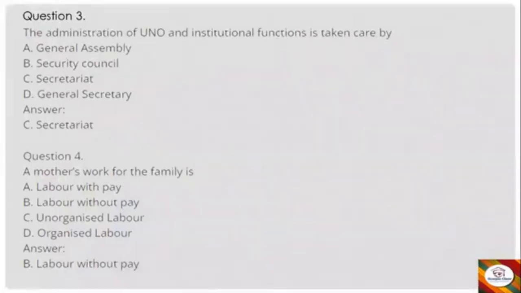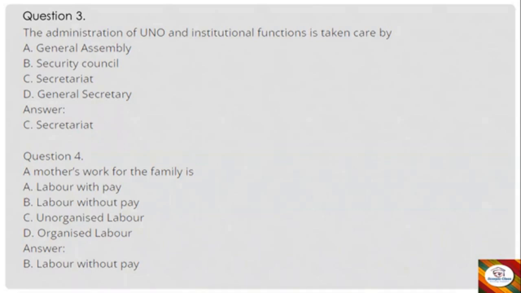Question 3. The administration of UNO and institutional functions is taken care of by: A. General Assembly, B. Security Council, C. Secretariat, D. General Secretary. Answer is C, Secretariat. Question 4. A mother's work for the family is dash: A. Labor with pay, B. Labor without pay, C. Unorganized labor, or D. Organized labor.